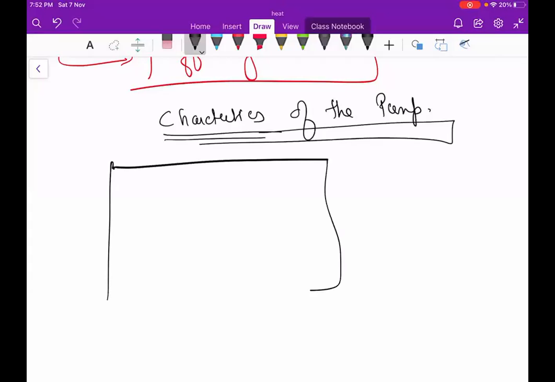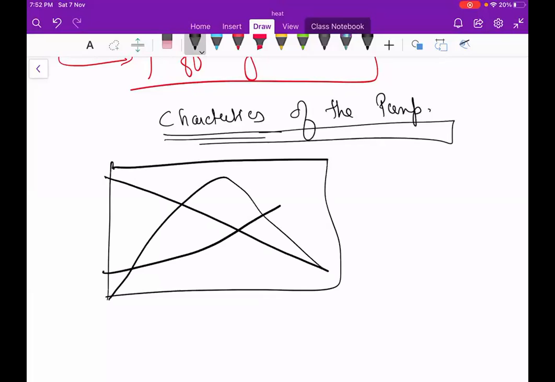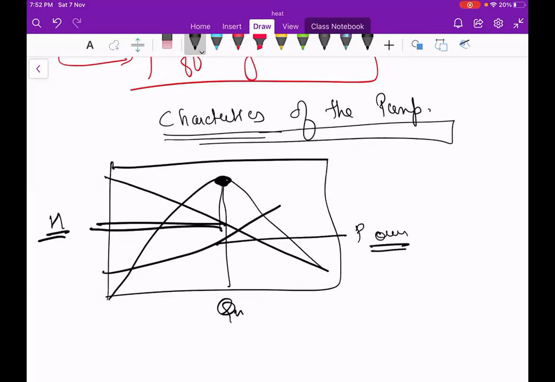So basically the graph will be like this: head graph will be like this, pump will be like this, efficiency will be like this. At this point the efficiency will be maximum. For this efficiency, your head is fixed, your Q is fixed, your power is fixed. These three parameters are fixed for the maximum efficiency point.